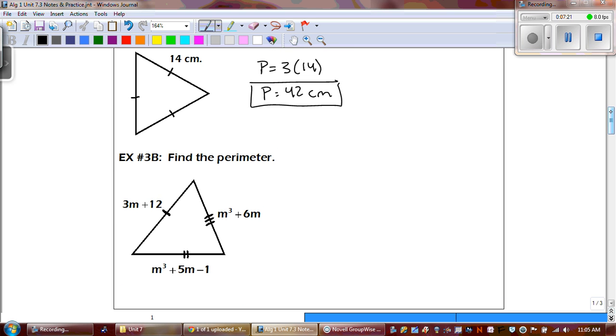But in 3b, if we're looking at the tick marks, all the tick marks are different, so we have different sides, which means we can't do that shortcut. So when we do the perimeter here, we're going to add up all the sides.